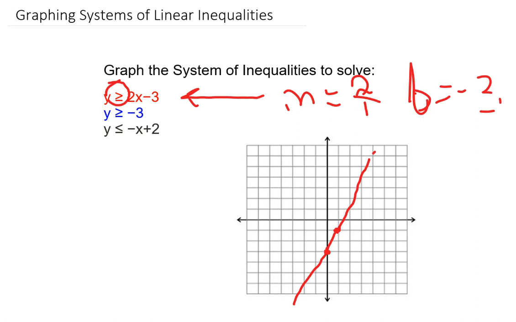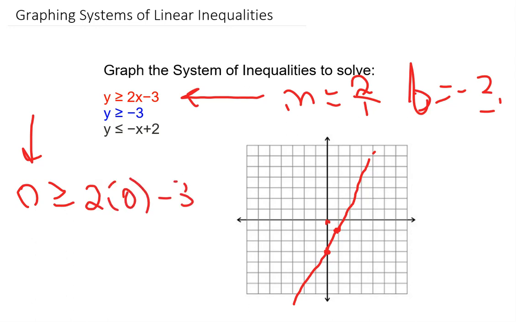Now I'm going to test and see which side I have to shade. If I plug in the point 0, 0, and I plug it in for my first one, I will get y, because I said I'm going to plug in 0, 0, so y is 0 is greater than or equal to 2 times 0 minus 3.